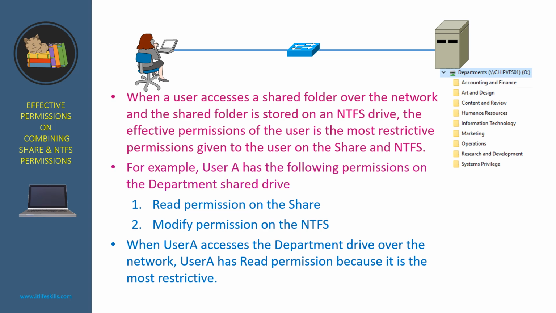For example, user A has the following permissions on the department shared drive: read permission on the share and modify permission on the NTFS. When user A accesses the department drive over the network, user A has the read permission because it is the most restrictive.